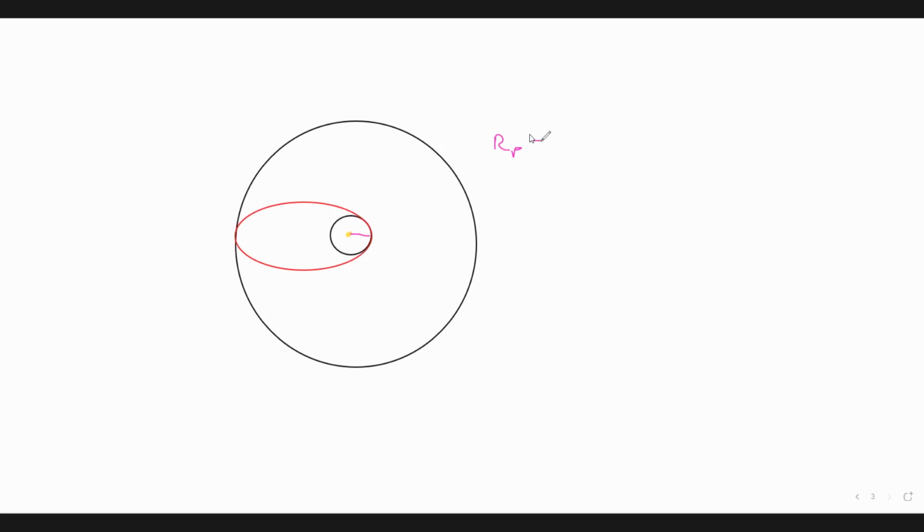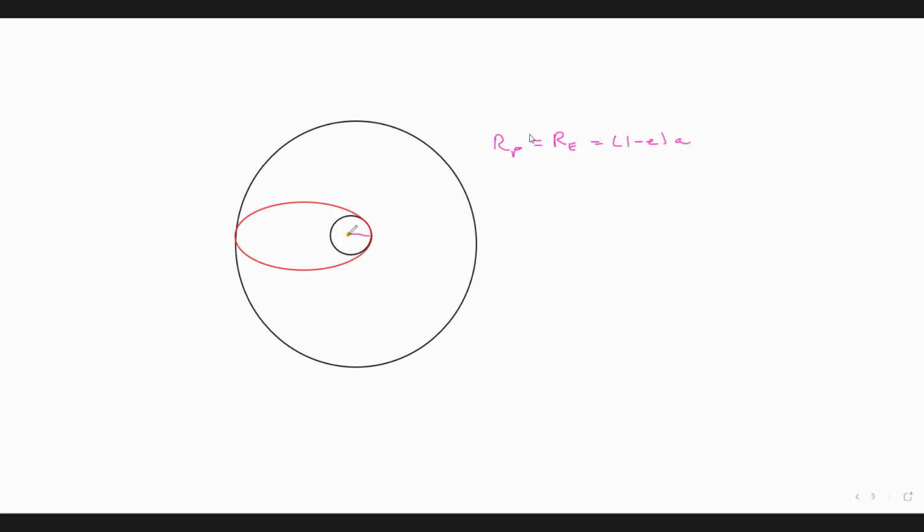But that r for perihelion is the radius of the Earth's orbit. See how this connects Mars and Earth orbits together? But we know that that is equal to (1 minus e) times a.